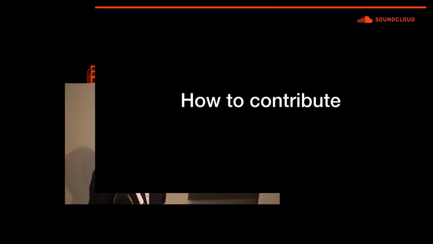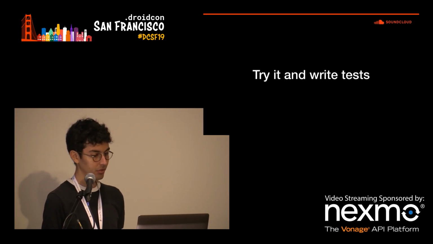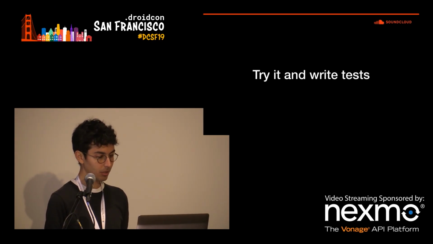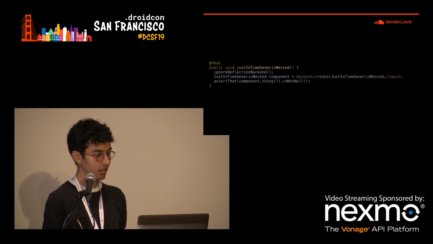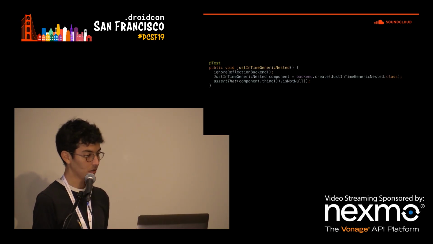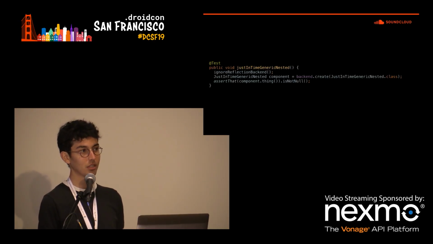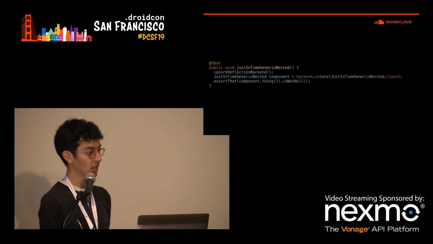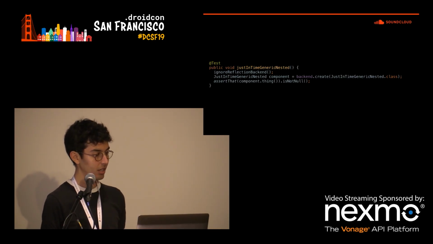So if you want to contribute to the project, the way you do it is you write a test for some new feature that maybe doesn't work. And then you add a line called ignore reflection backend if this feature doesn't yet exist in Dagger Reflect. So in this case, this is a test that makes sure that just-in-time generic provides methods that are nested work.